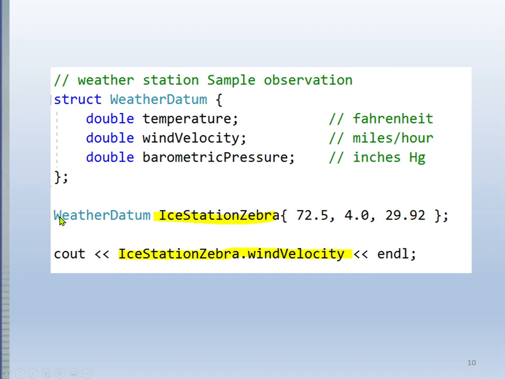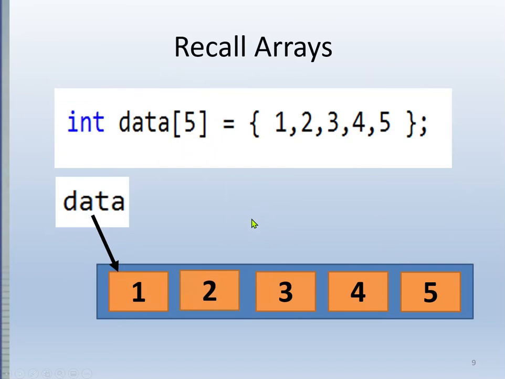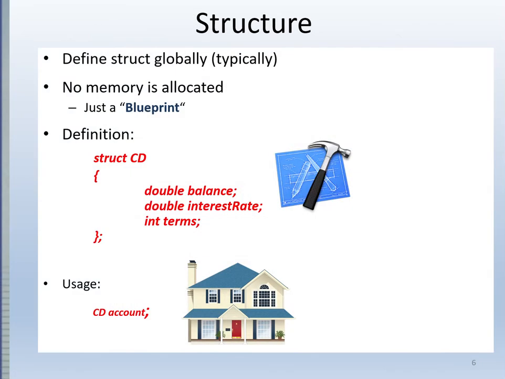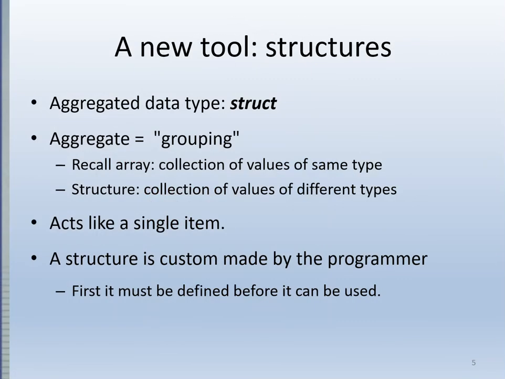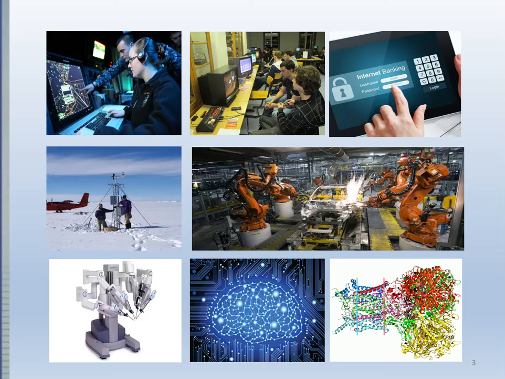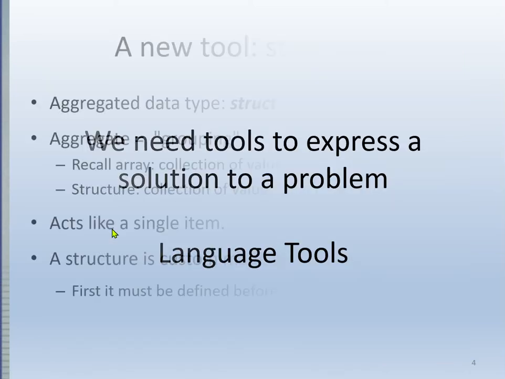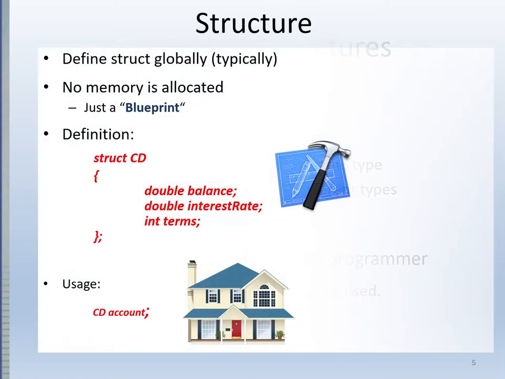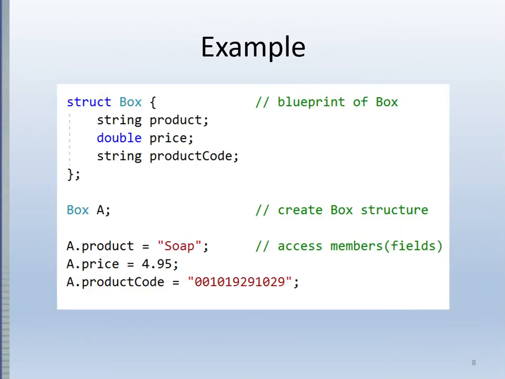Next, I want to create a variable. I'm calling it ice station zebra. If you go back a few slides, quite a few, there's my ice station zebra there. That's where I'm getting it from. All right, let me go forward.